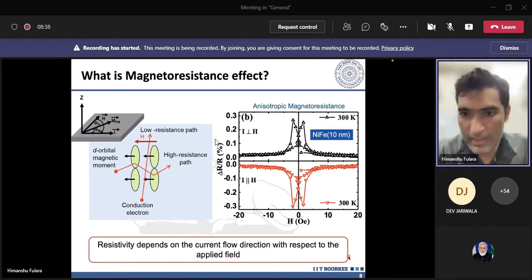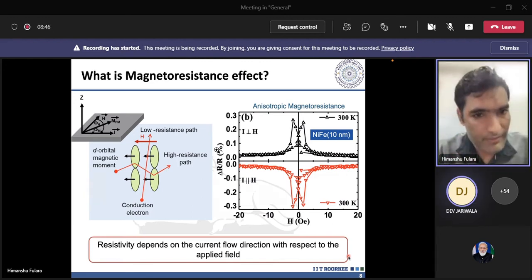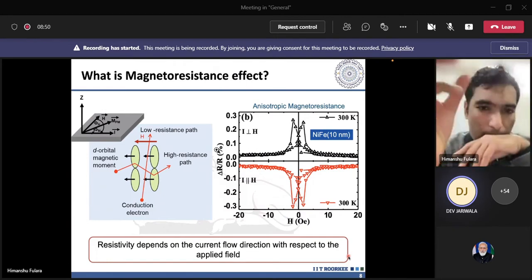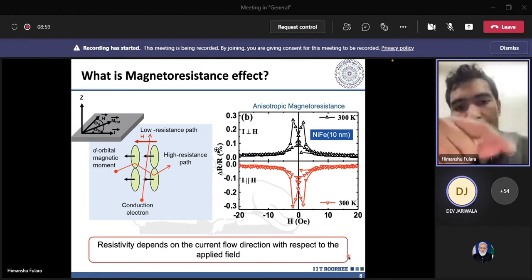Work is there, and that work is basically in terms of the energy. So definitely there is some work going on, but what I would like to mention here is what is the main role of the field. The main role of the field is to basically align all the movements in one particular direction.